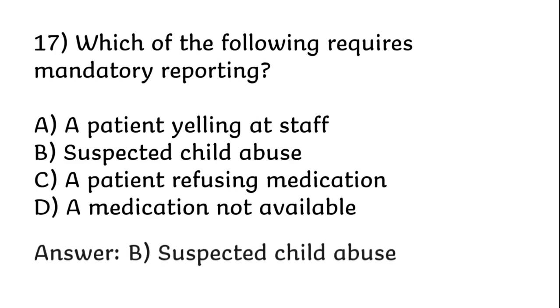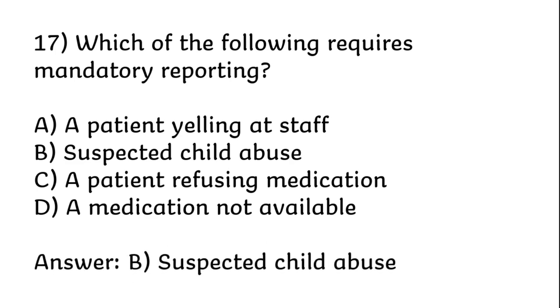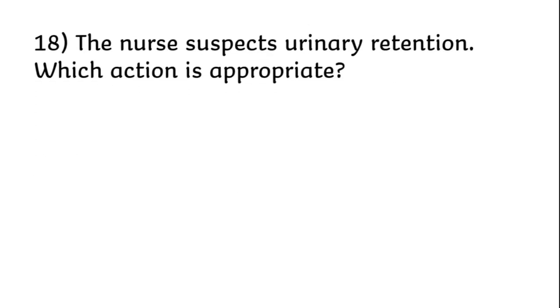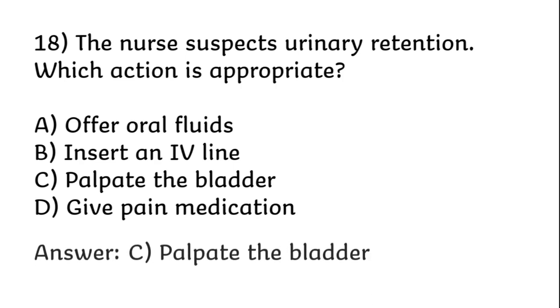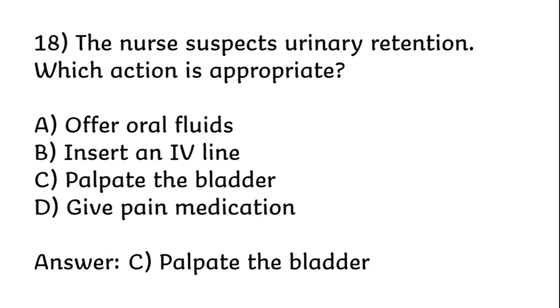Correct answer is option B, suspected child abuse. The nurse suspects urinary retention. Which action is appropriate? Offer oral fluids, insert an IV line, palpate the bladder, give sedative medication. Correct answer is option C, palpate the bladder.